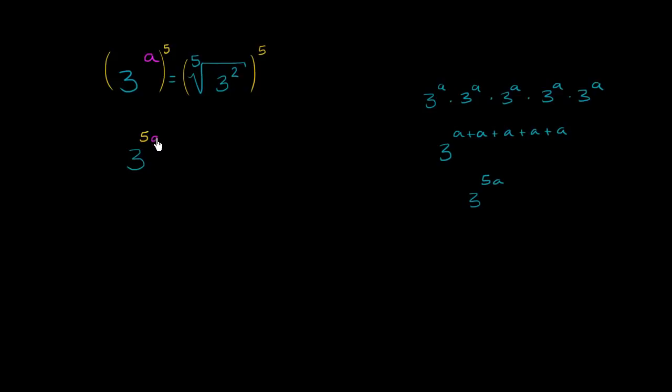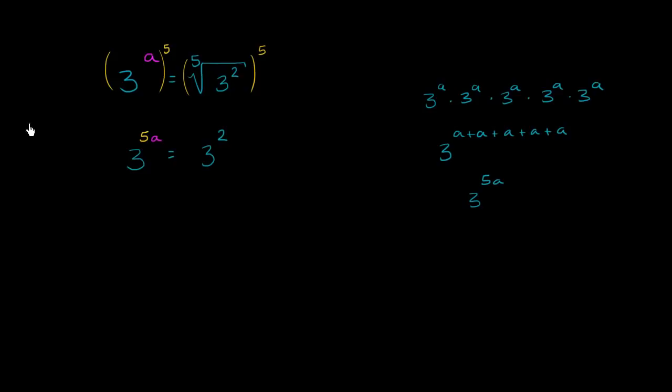3 to the 5a power is going to be equal to, well, if you take something that's a 5th root and you raise it to the 5th power, then you're just left with what you had under the radical. That's going to be equal to 3 squared. So now things become a lot clearer. 3 to the 5a needs to be equal to 3 squared.